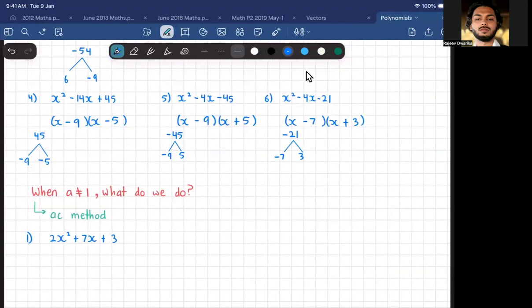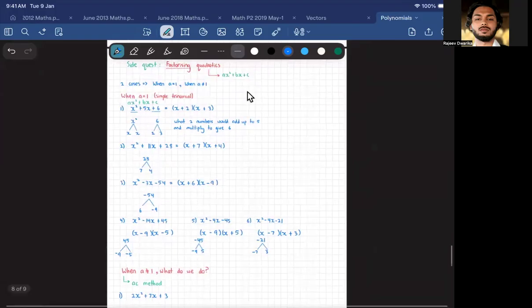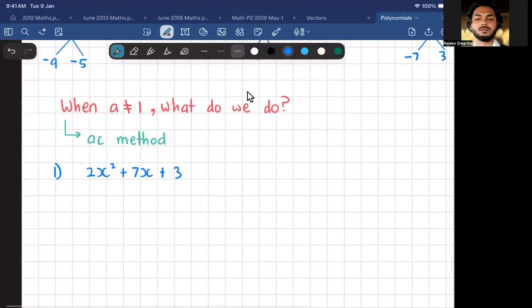And let's just say we wanted to factorize that. So Avinash, if we look at this particular question, what is the coefficient of x squared? Two. Exactly, it's 2. So you could factorize this using the same method as we did last class, but it's going to be a bit harder to see.